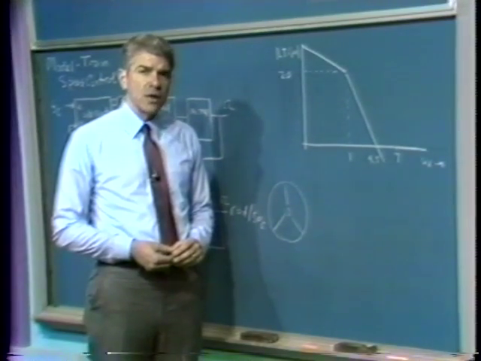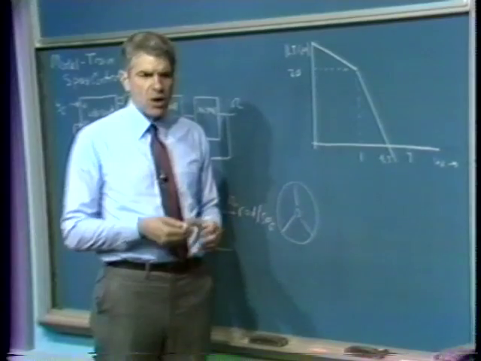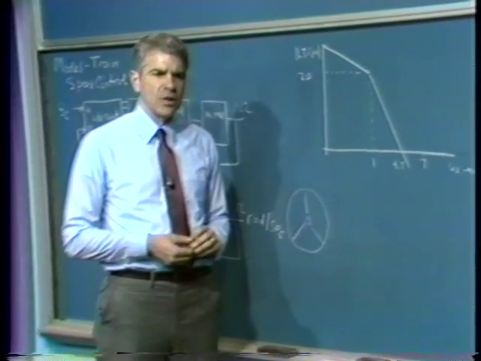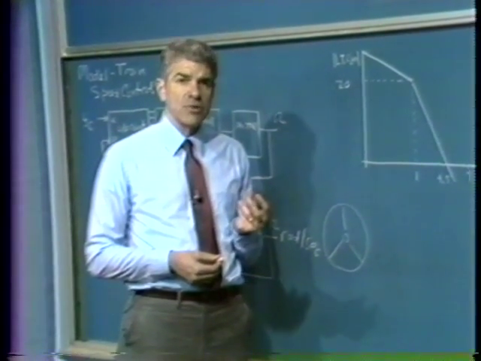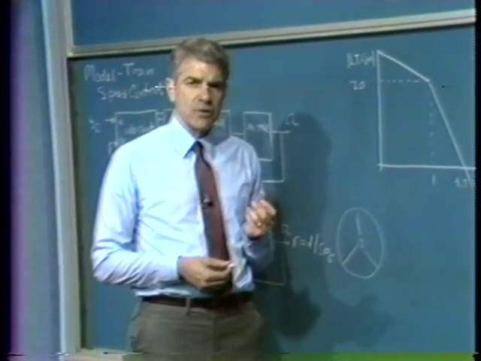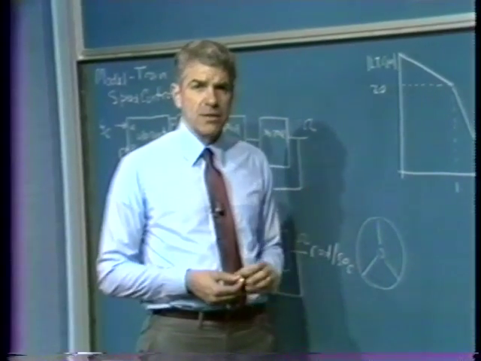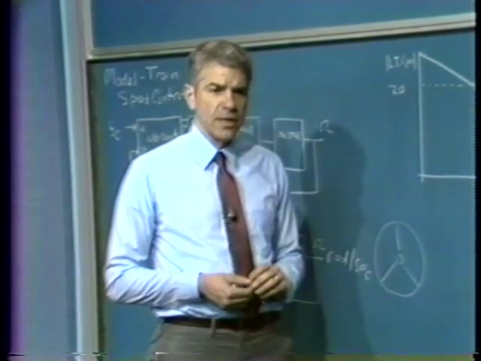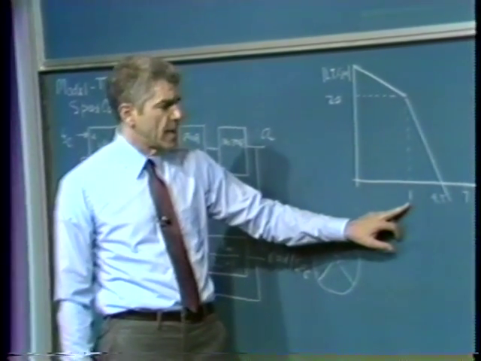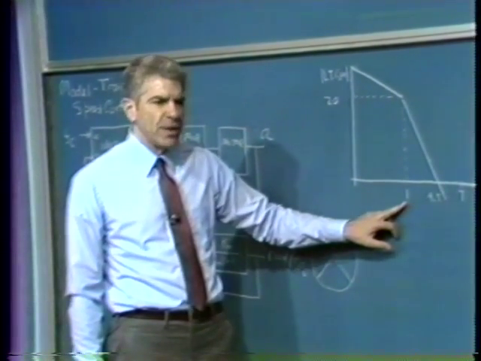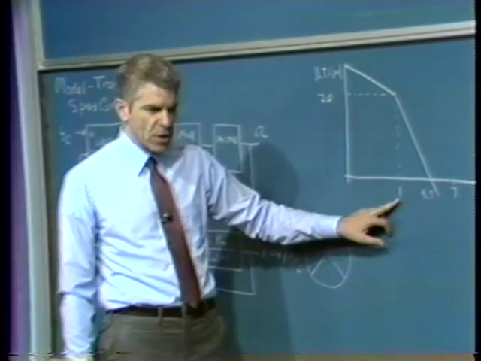There's enough of a gear reduction between the motor and the cars, if you take all of that into account, that the principal inertia load seen at the armature of the motor is really the armature inertia itself, rather than the load reflected from any load the train may be pulling. So this time constant of about 1 second is pretty much independent of the number of cars we're pulling and that sort of thing.